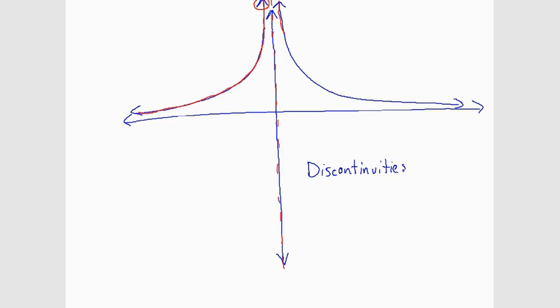We have a whole line. Discontinuous, it's a vertical asymptote. I'll spell that out first, but I usually just write VA. Vertical asymptote at x equals 0. The y-axis is where x equals 0.